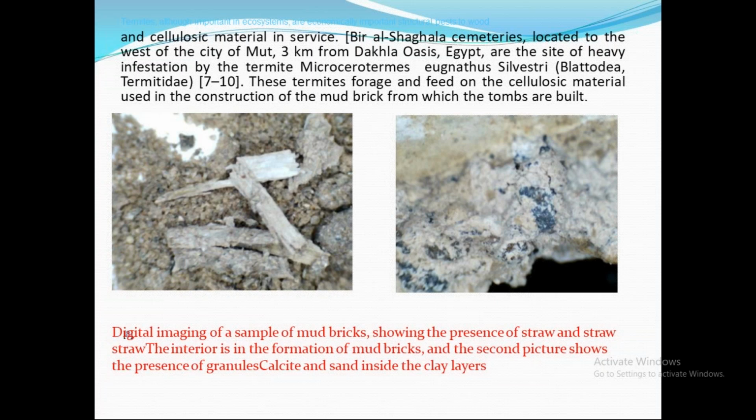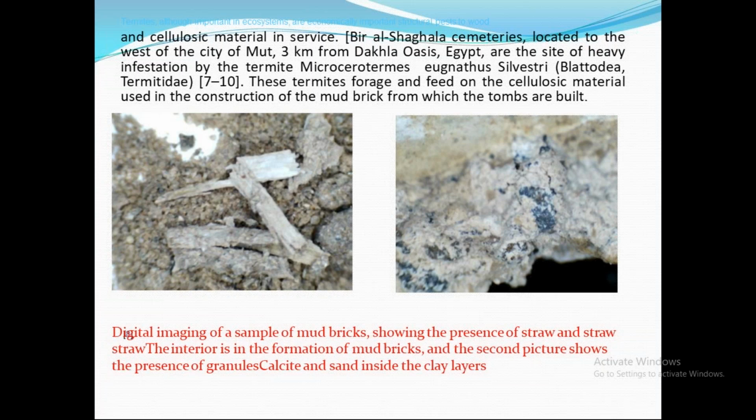These termites forage and feed on the cellulose materials used in the construction of the mud brick from which the tombs are built. We can see in this picture, by digital imaging of a sample of mud brick, the presence of straw in the formation of the mud brick. And this is the second one I will talk about.